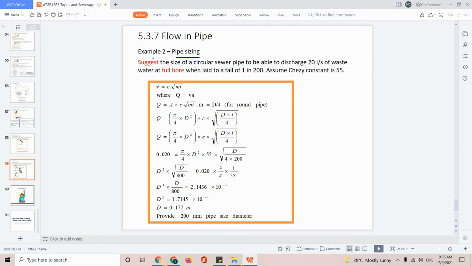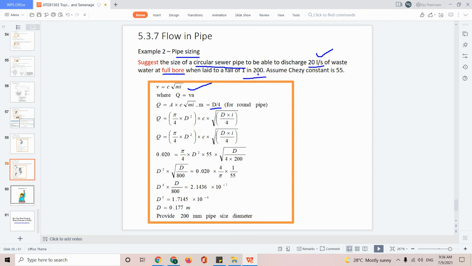Okay, so another example here, we are still using the Chezy formula, but instead of giving you the diameter of the pipe, you're given the discharge, which is 20 liter per second. Here, you're given information that this is a full bore pipe, so we can use D over 4.